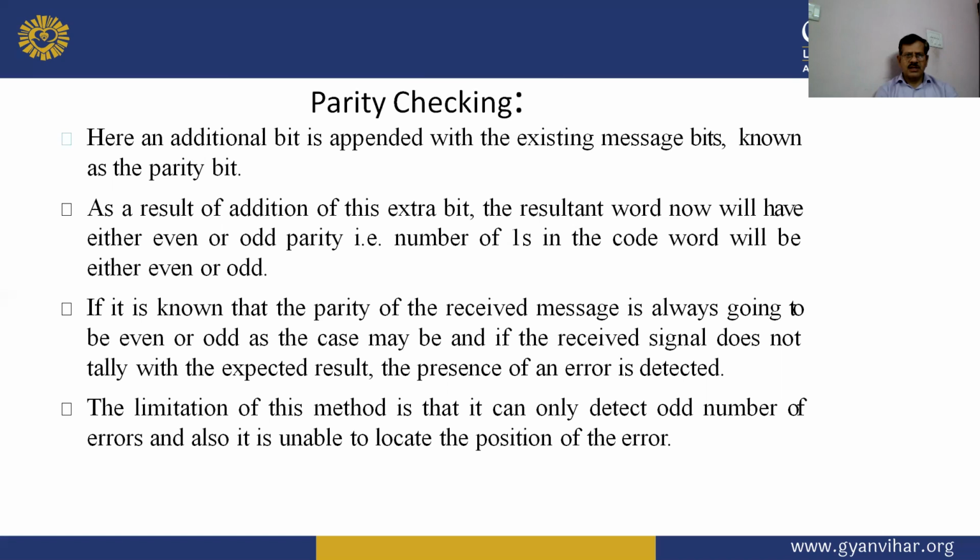The limitation of this method is that it can only detect an odd number of errors, and it is unable to locate the position of the error. So this is the limitation of the parity checking method.